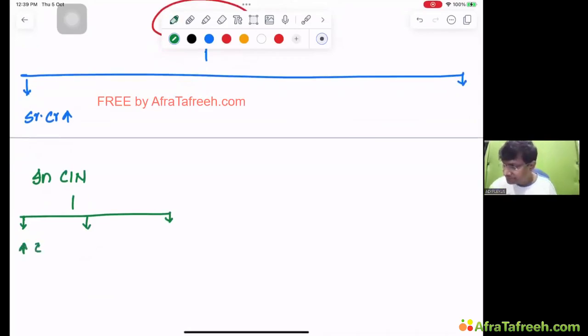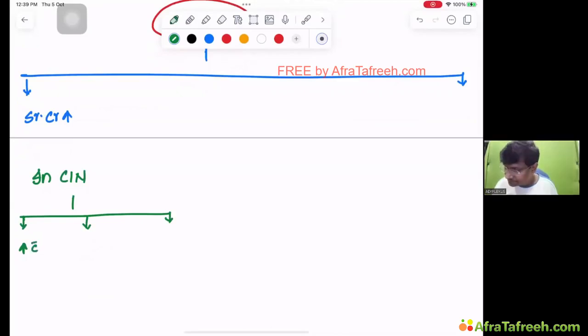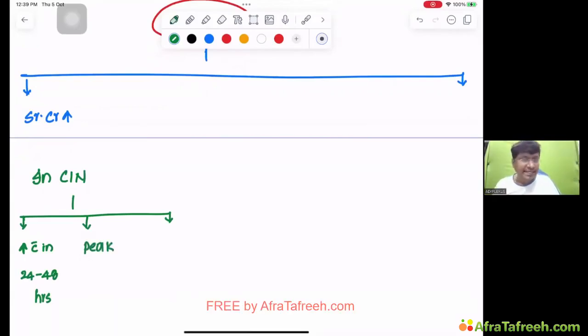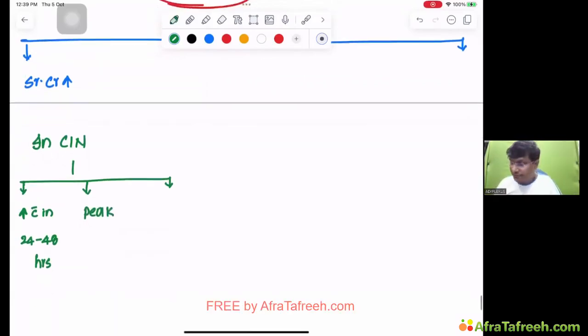within 24 to 48 hours. Right? It will increase within 24 to 48 hours. And it reaches the peak value within 3 to 5 days.